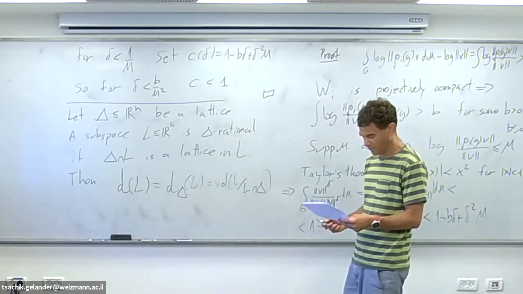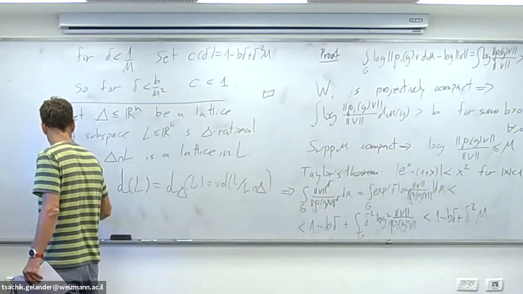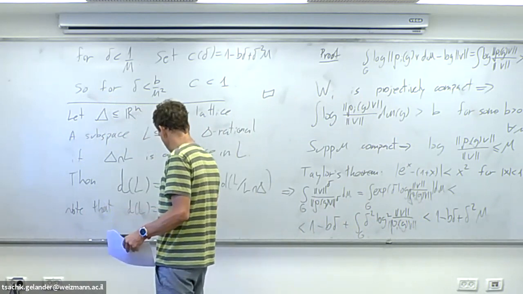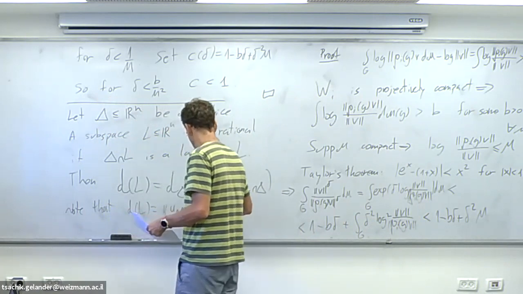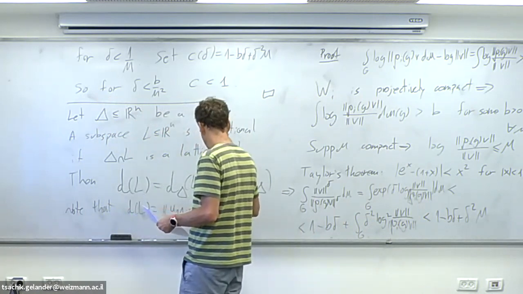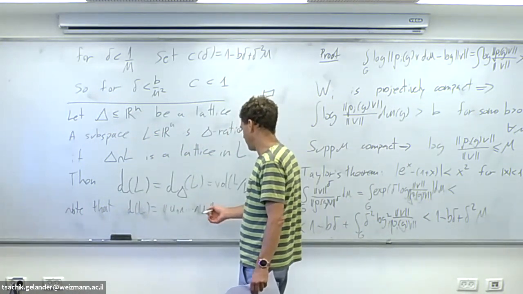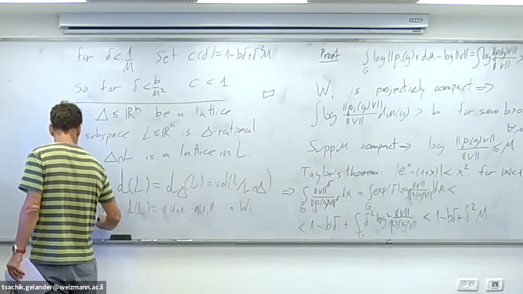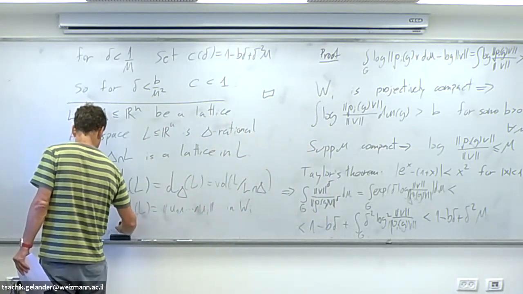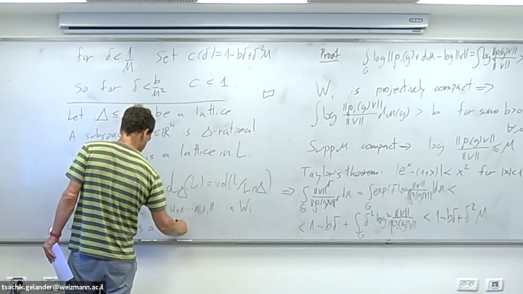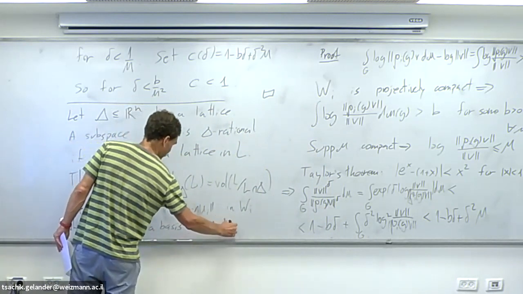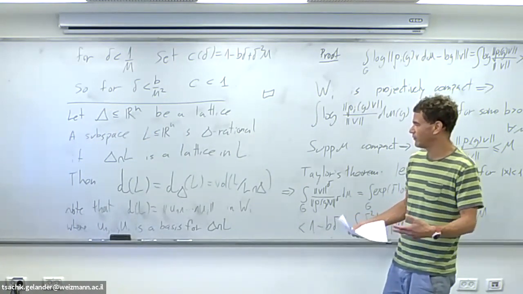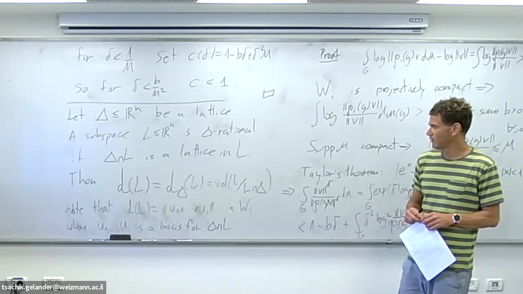Just note that D of L equals the norm of u_1 wedge up to u_i in the norm inside W_i from before, where u_1 up to u_i is a Z basis for delta intersection L, a basis like a generating set.